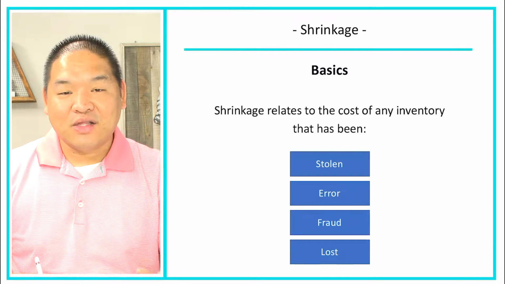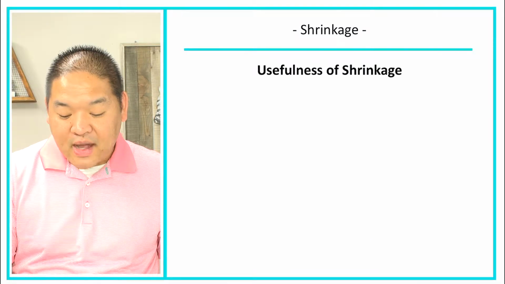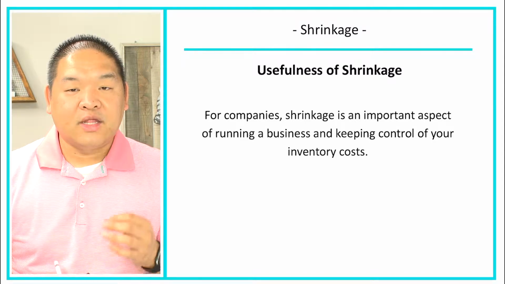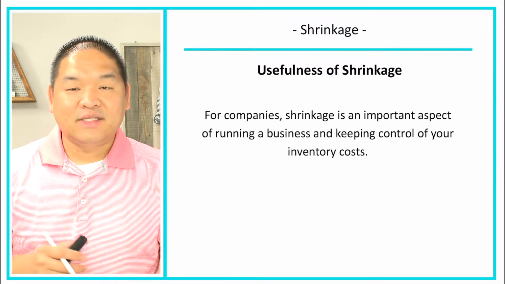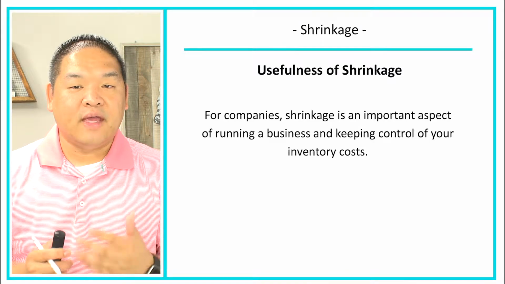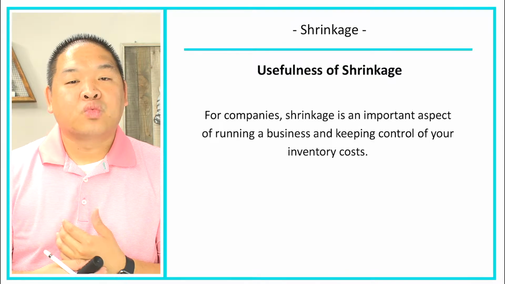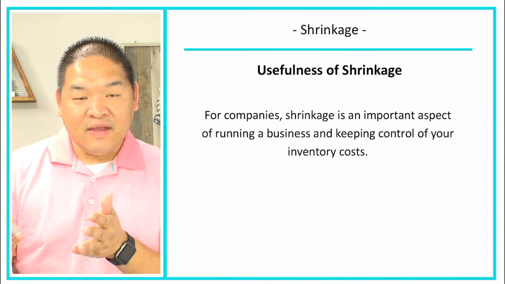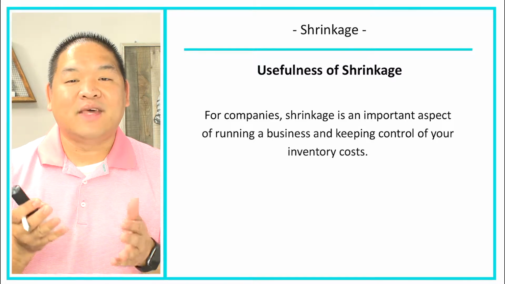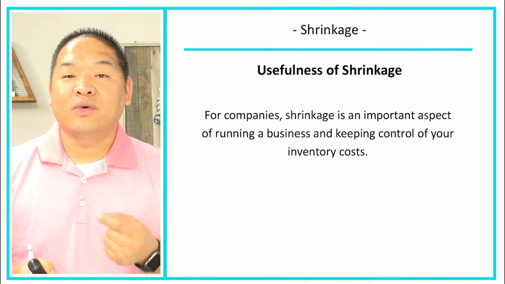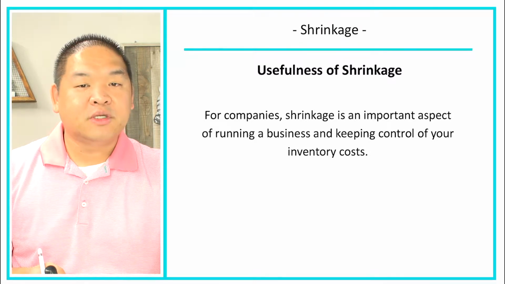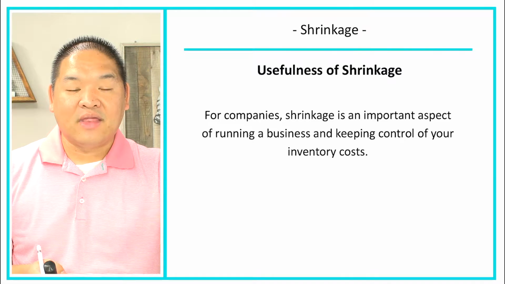Okay, so let's talk a little bit more about shrinkage. For companies, shrinkage is very important for running their business, as well as keeping control of their inventory costs. Why? Because for every dollar of inventory lost, that's basically reducing their bottom line profit by that same amount, because that was the cost of an inventory item that wasn't recouped by revenues from selling that unit.